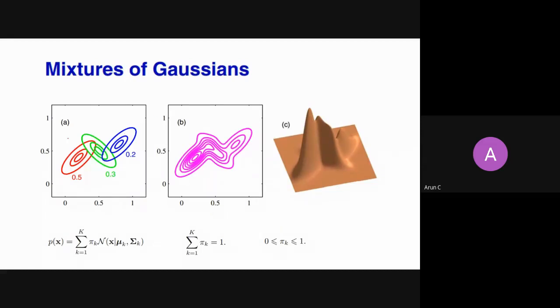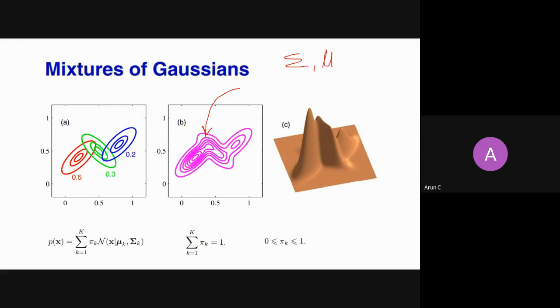This is the kind of scatteredness of our data points in a two-dimensional space, right? If you want to model it using a single Gaussian, what will happen? A single Gaussian has a covariance matrix and one mean, right?